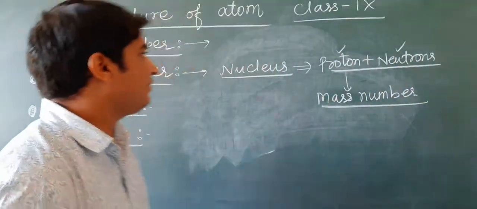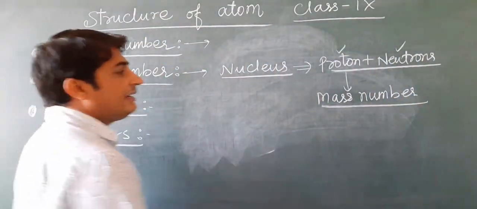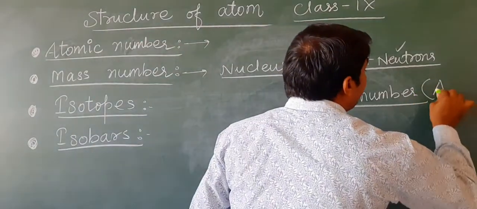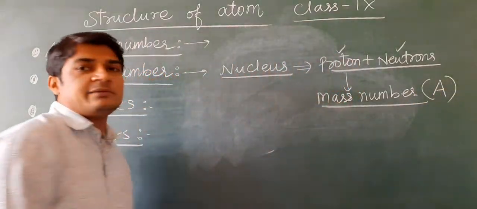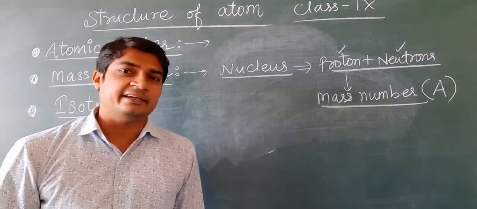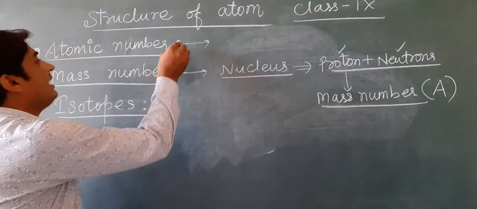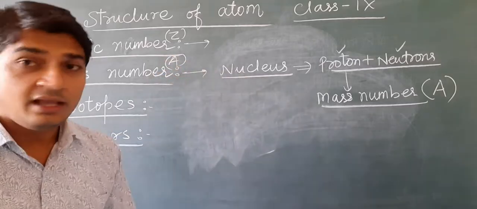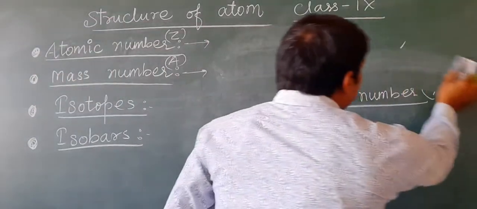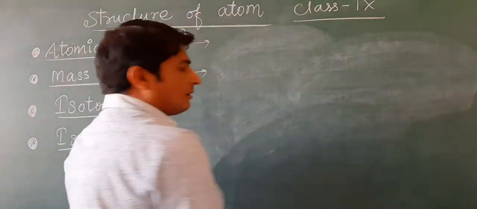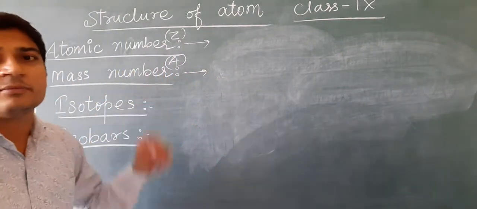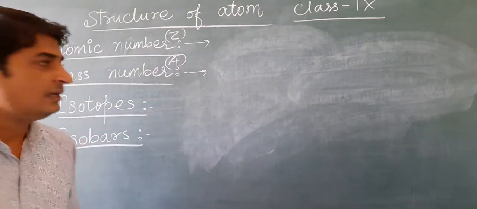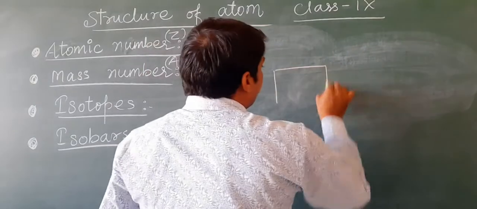If we want to represent it, it is represented by capital A. Mass number is represented by capital A. Atomic number is represented by Z. How can we represent an atom showing its atomic number and mass number? How do we write?